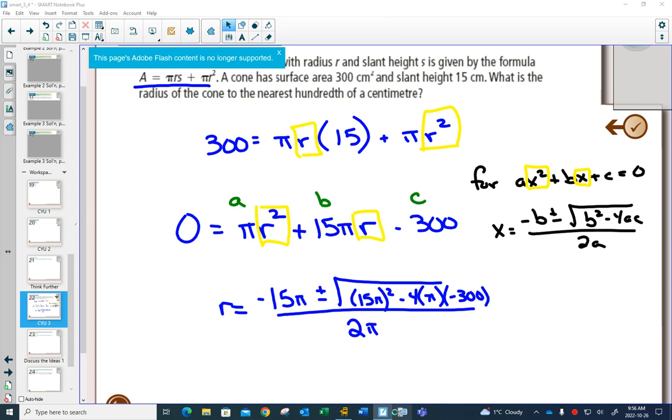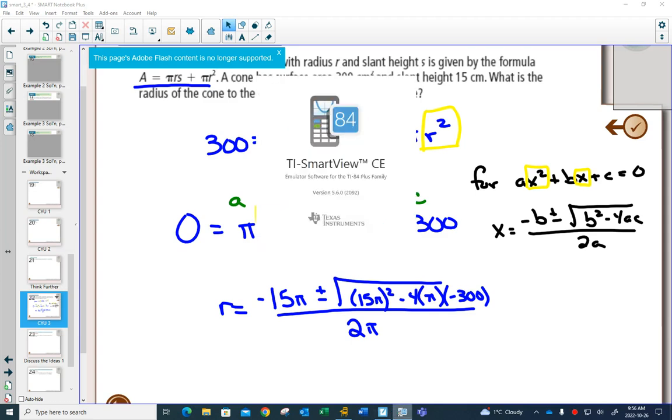And this is where it's nice if you have a calculator that lets you use fractions, that lets you type in exactly what you see.